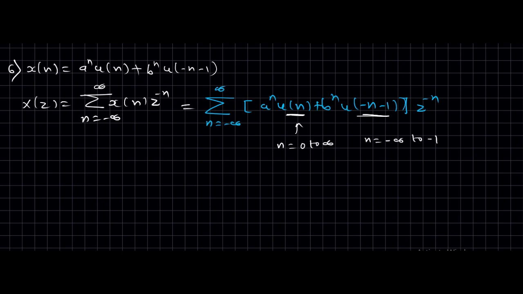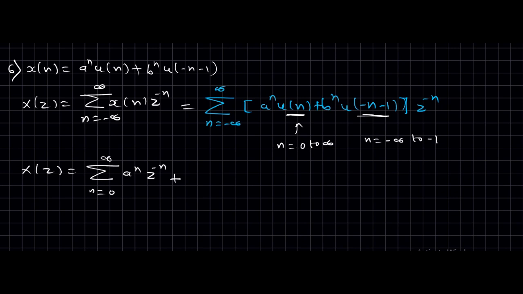So accordingly, we'll rewrite this x of z as the sum of n equal to 0 to infinity a raised to n, so u of n will disappear because it is providing only the limit. As its magnitude is 1, it won't be in the equation. So it is z raised to minus n. This is one summation.